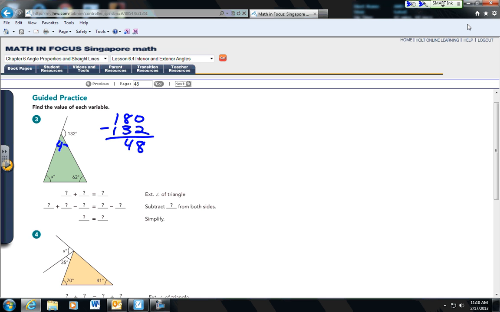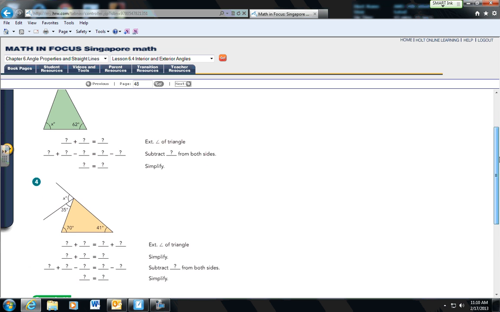And then we know that all three of the interior angles have to add up to 180. So x plus the 48 plus the 62 has to equal 180. So you can go that route too to figure out what angle x is. But also I want you to know that the two interior angles, their sum is equal to the opposite exterior angle.